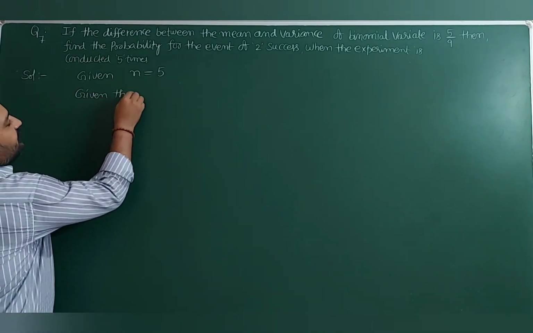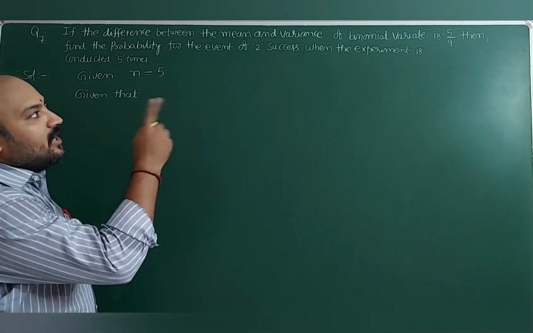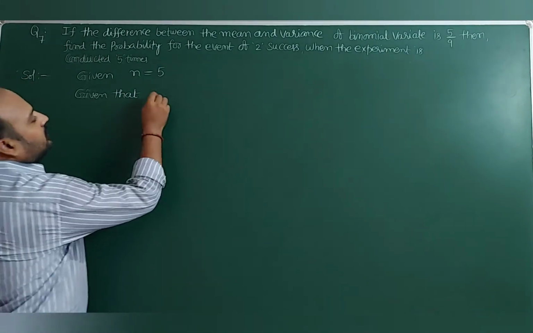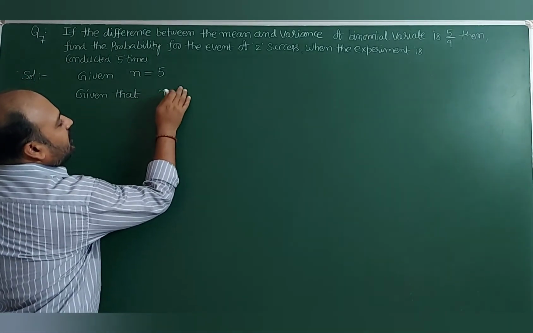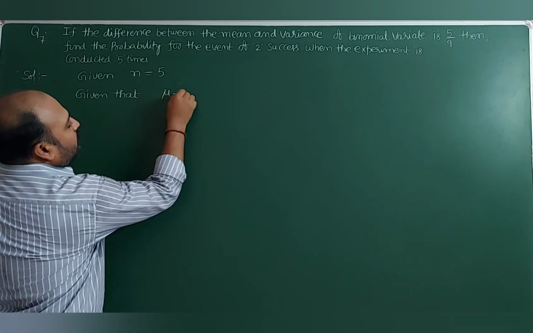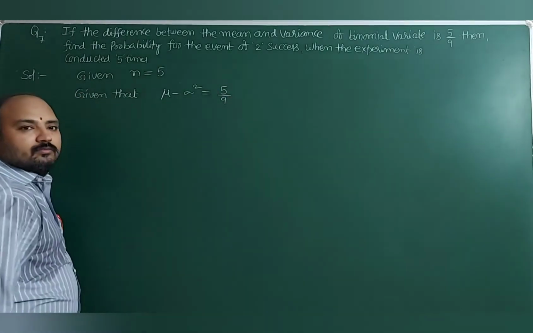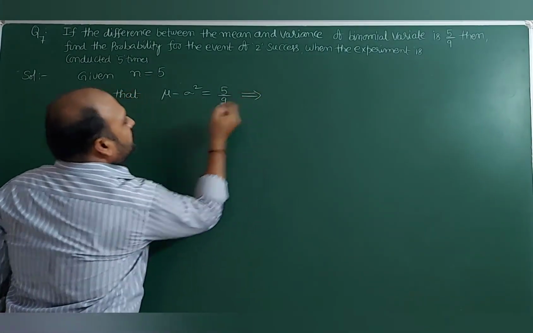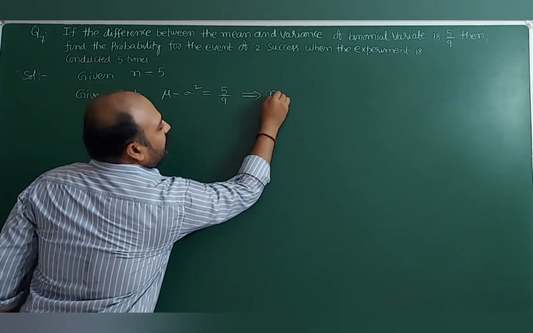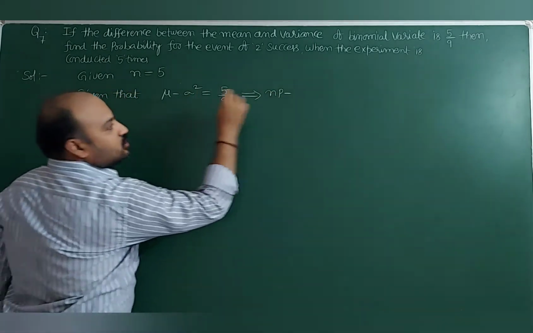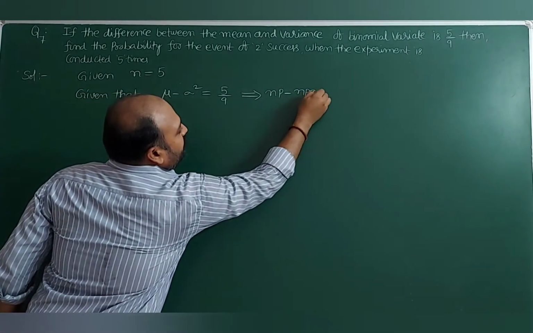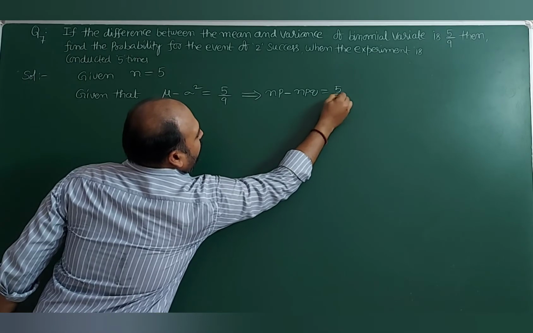Next, given that the difference between mean and variance is 5 by 9. Mean is mu, variance is sigma square, so mu minus sigma square is equal to 5 by 9. That implies mu value is np minus sigma square npq is equal to 5 by 9.